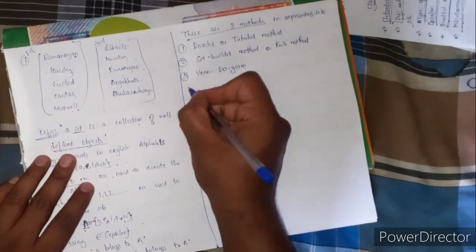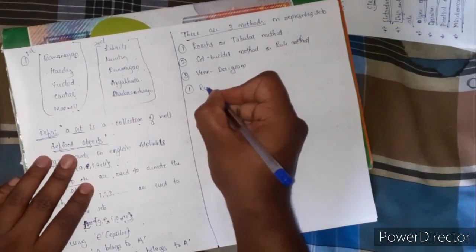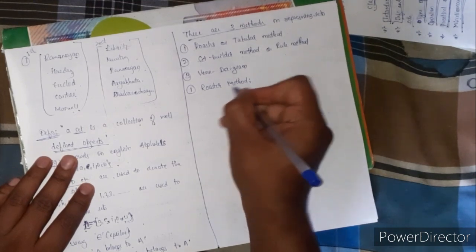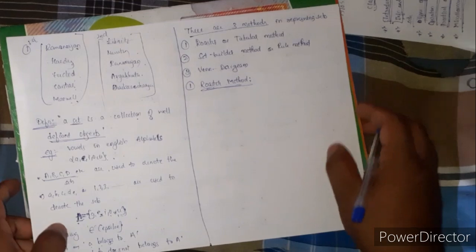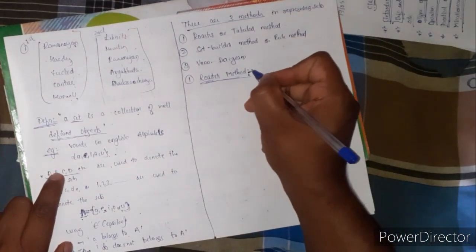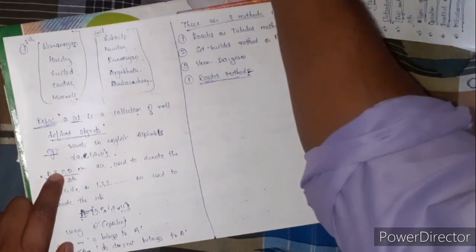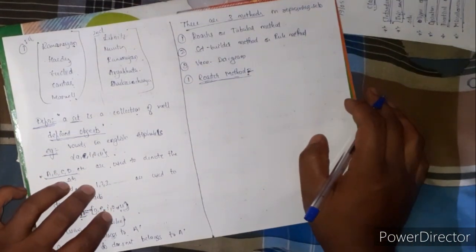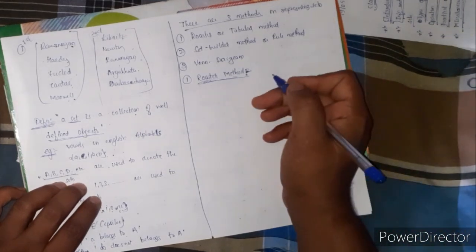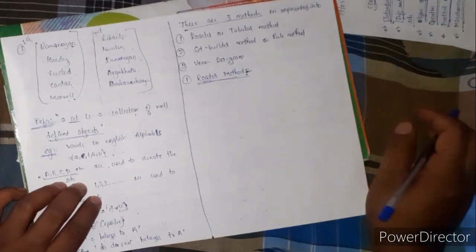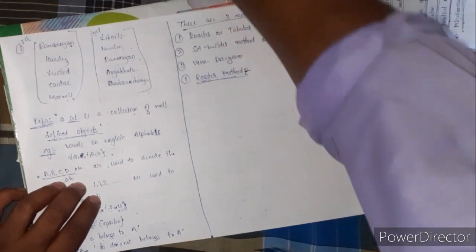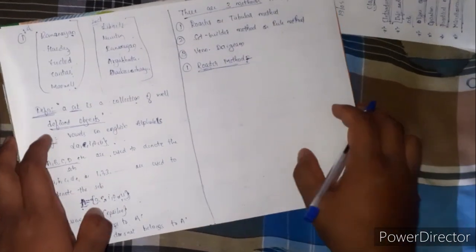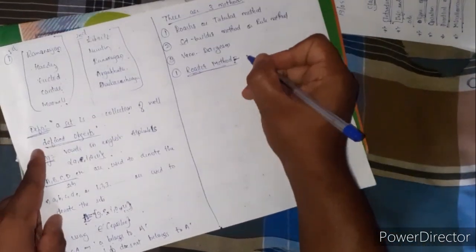Okay, let me discuss the first one, the roster method. In this roster method we list the elements, separating them by commas, and they are enclosed within a pair of braces.